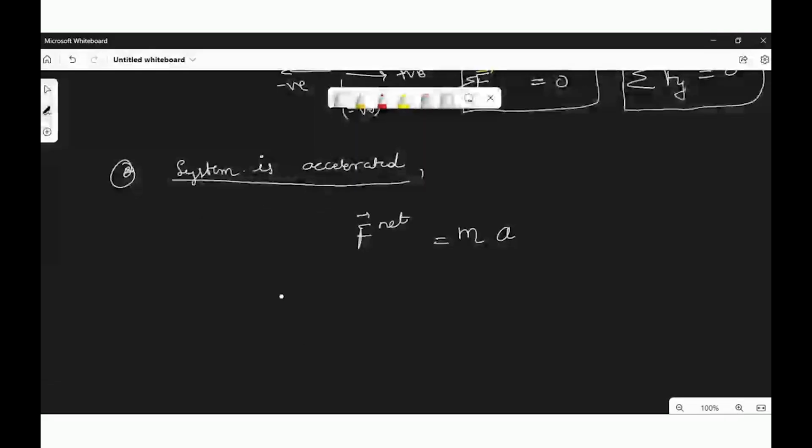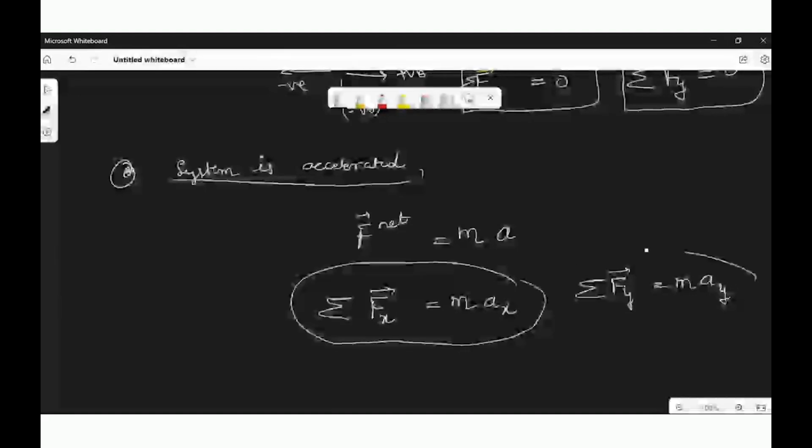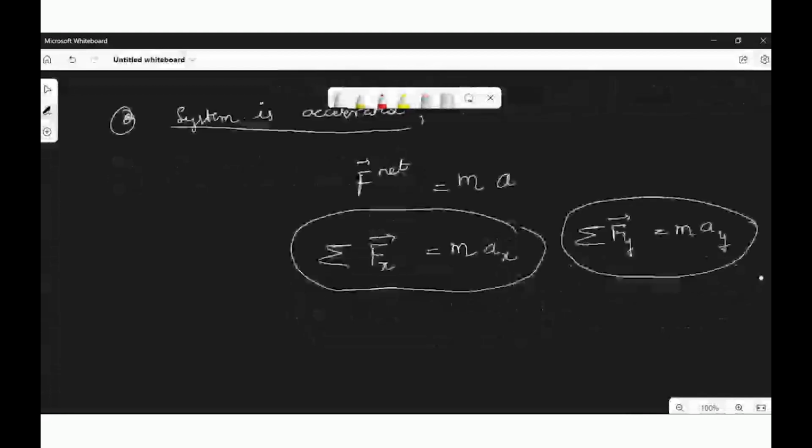That means the summation over the forces along the x direction should be equal to m into acceleration along the x-axis, and summation over Fy should be equal to m into ay. Separately you have to write for the x and for the y direction.